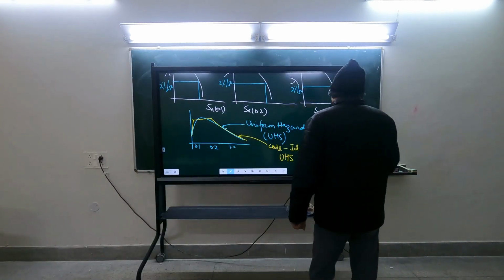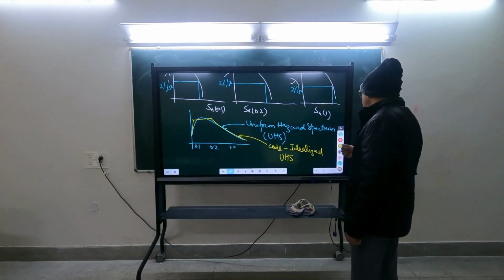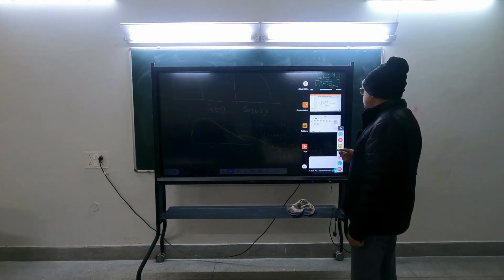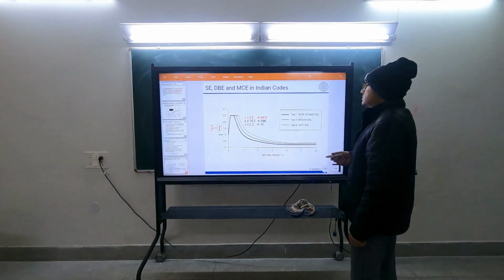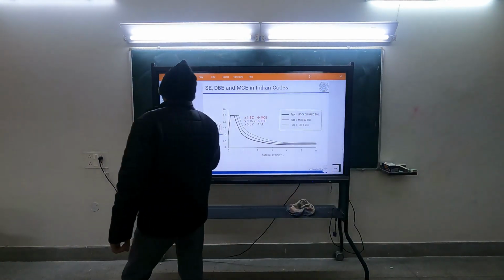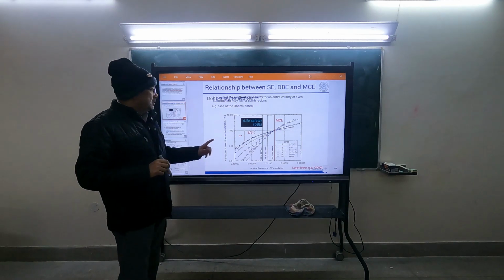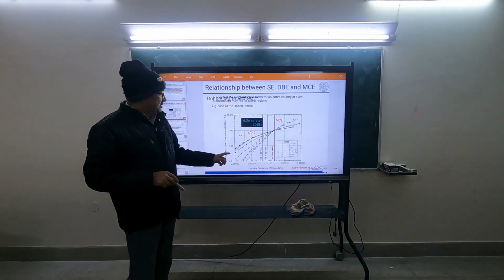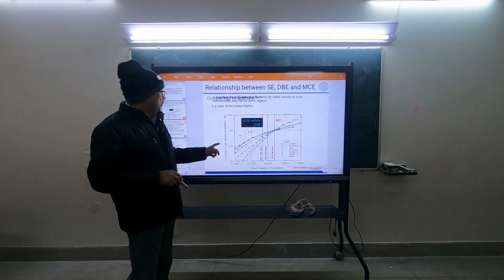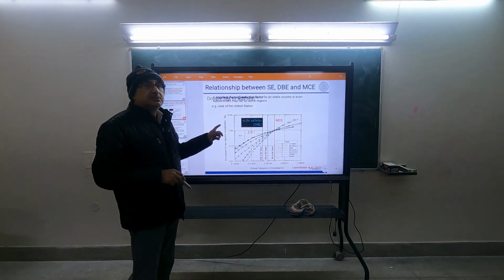Now let's see what is there in the current code and what the new code has. First of all, the real hazard curves. This is the hazard curve corresponding to 0.2 second period.